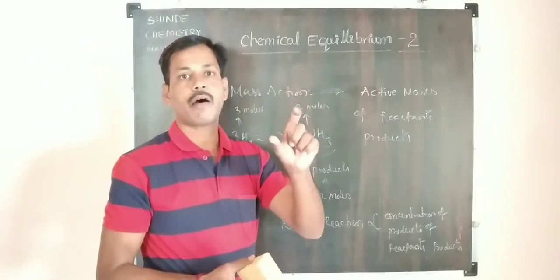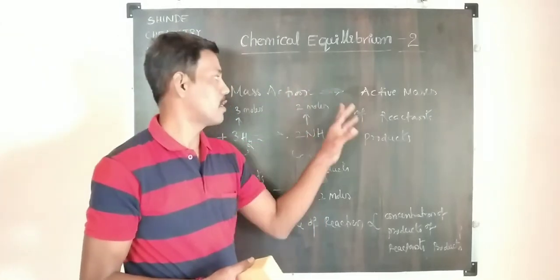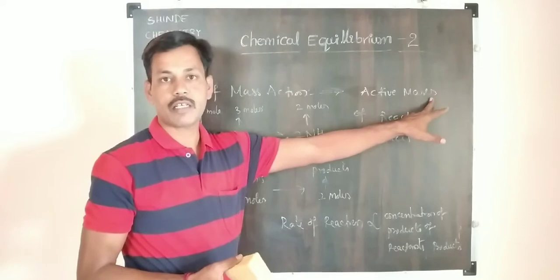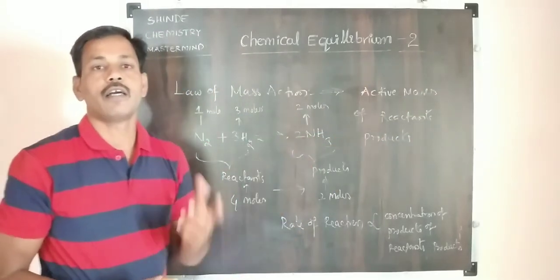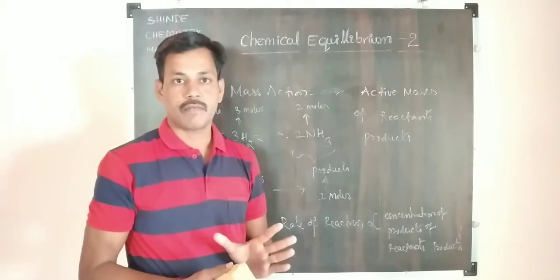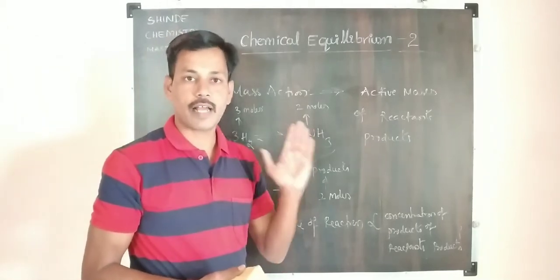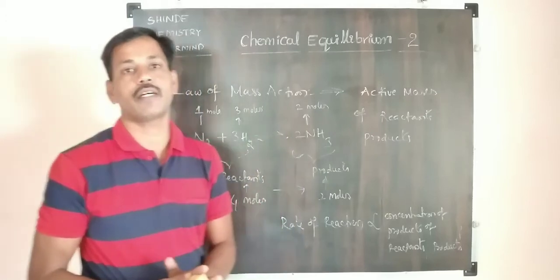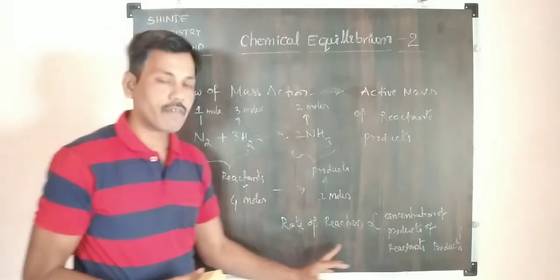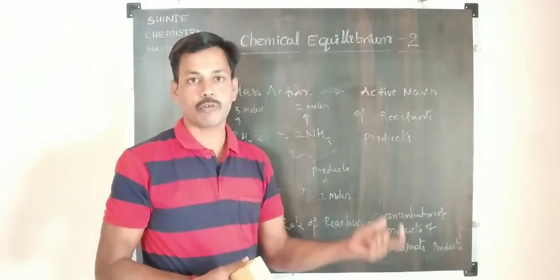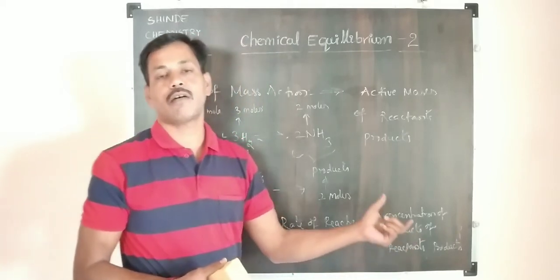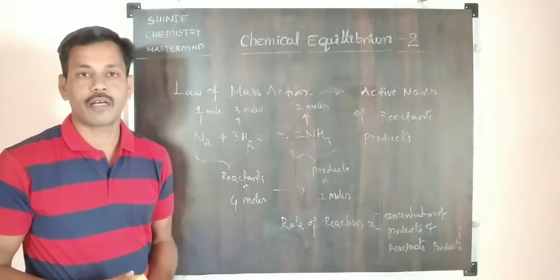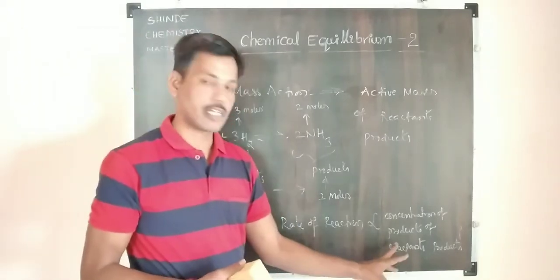The law of mass action indicates the active masses involved in the equilibrium process, whether related to reactants or to products. The rate of reaction is directly proportional to the product of active masses of reactants or the product of active masses of products.